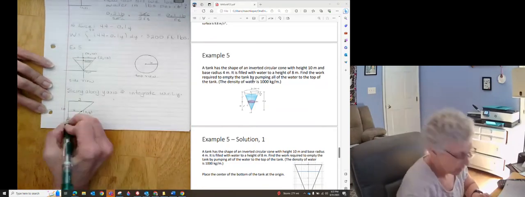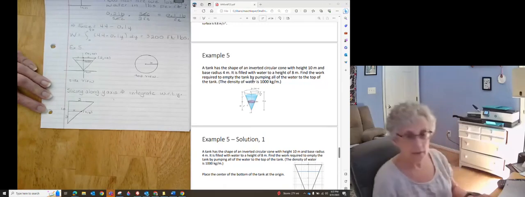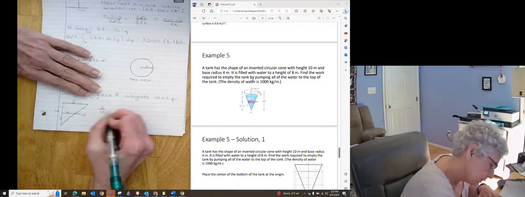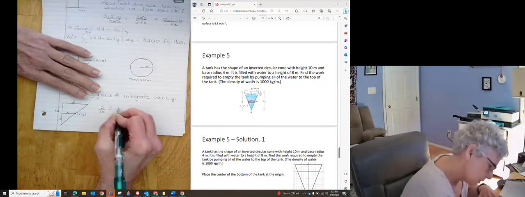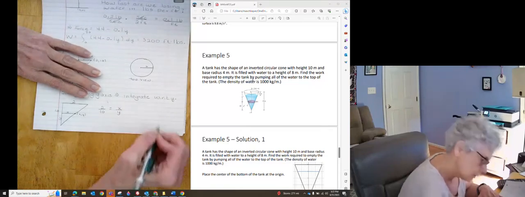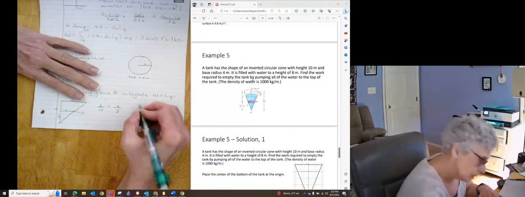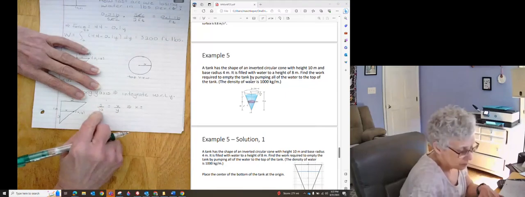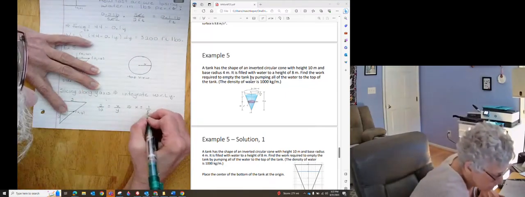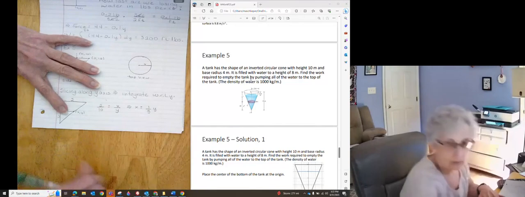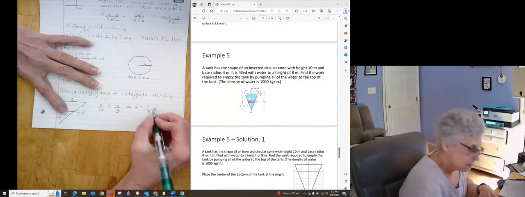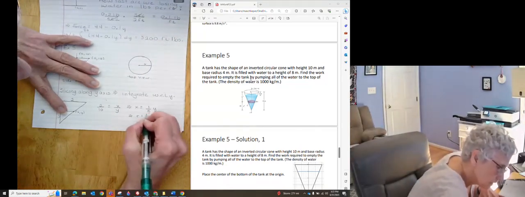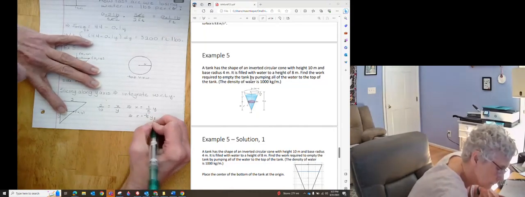This distance would be x, and this distance would be my y coordinate. So 2 over 10 has to be equal to x over y. So x is equal to 2 over 10, which is 1/5 times y. So this is my radius.